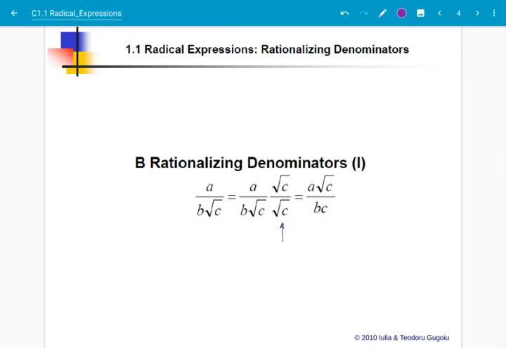We multiply by a special version of 1, right? We're allowed to multiply by 1. What happens is that the square root times the square root in the denominator, we end up with c. The root of c times the root of c is c. And we end up with the radical, or the square root, in the numerator instead.